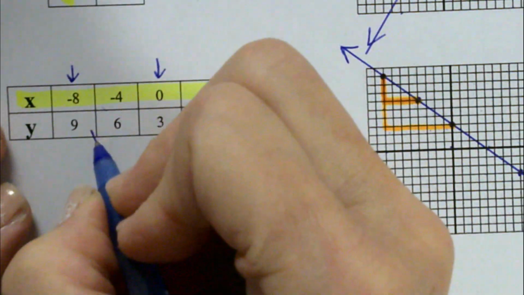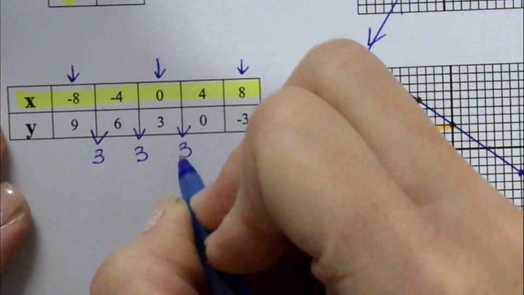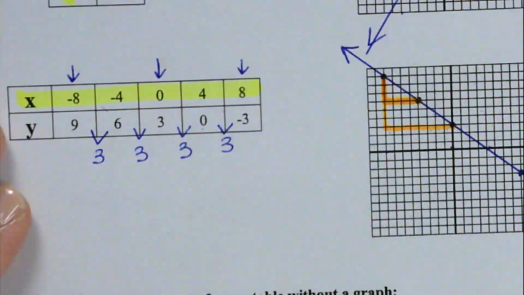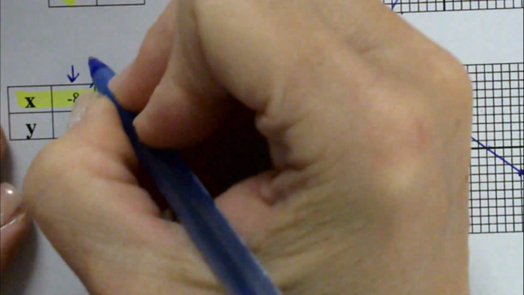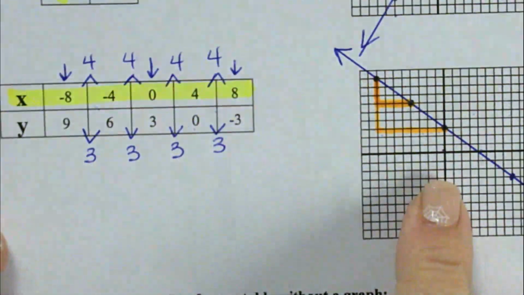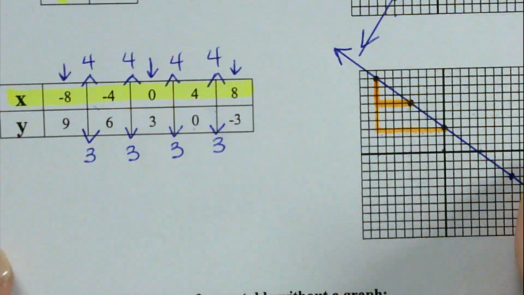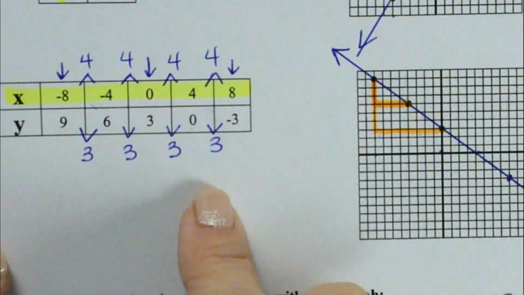What's the difference here? 3, 3, 3, 3. What's the difference here? 4, 4, 4, 4, 4. Now, my line is going downhill. Okay? And if you're not sure, well, if it's sideways, how do I know if it's going up or down?